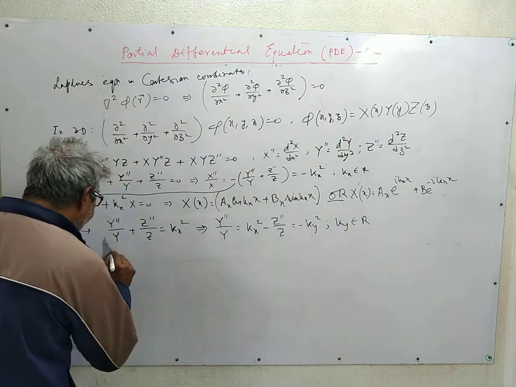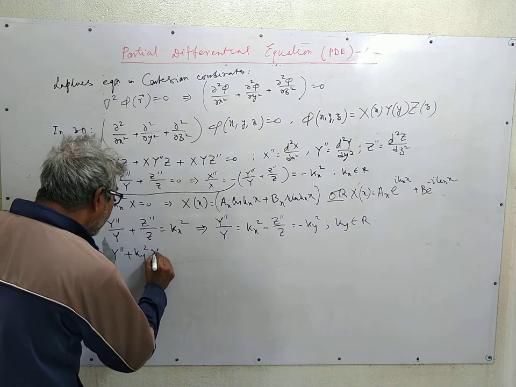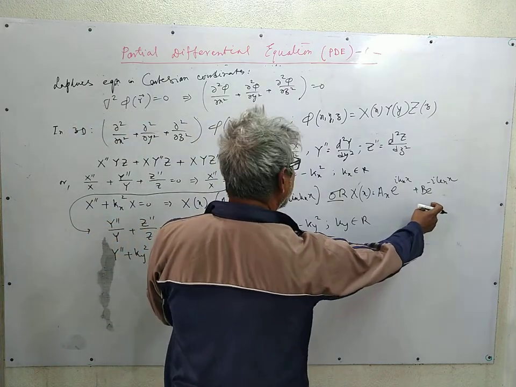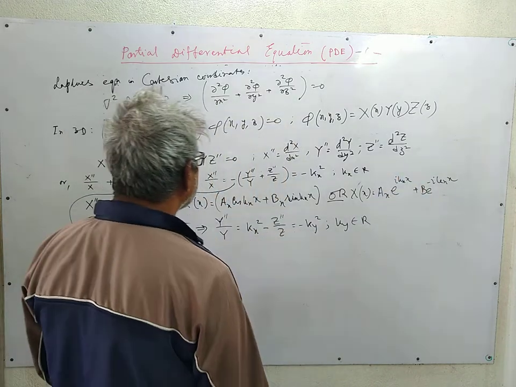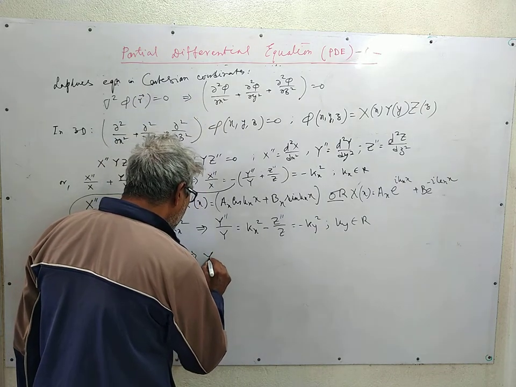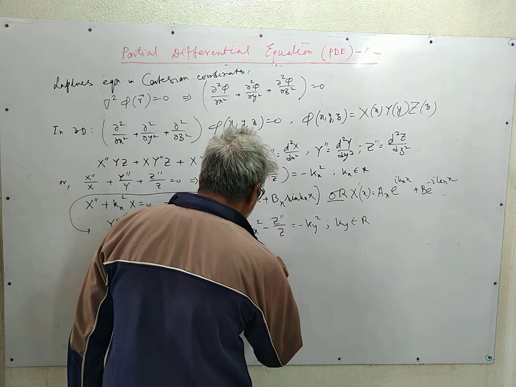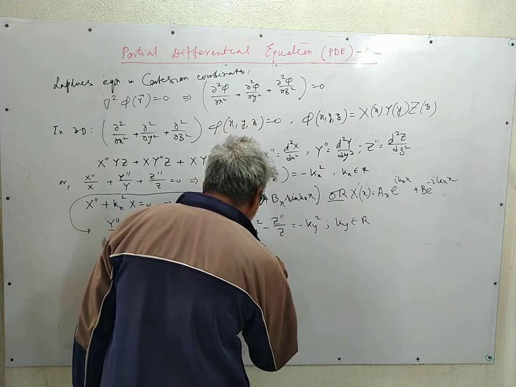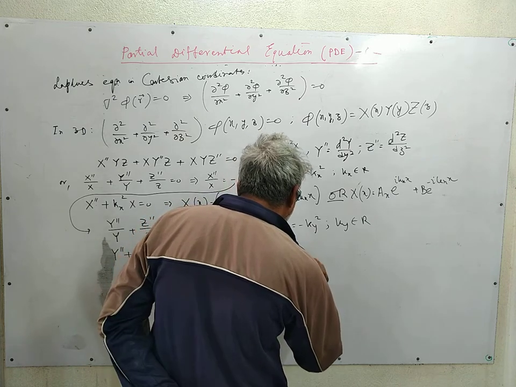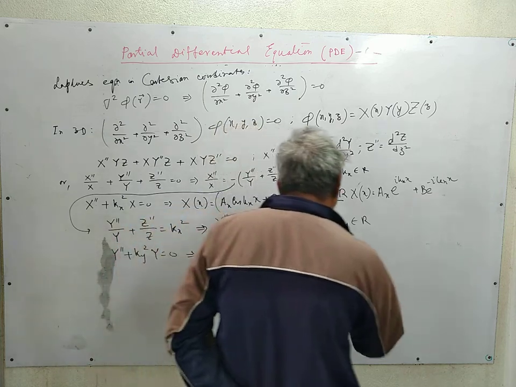In that case, y double prime plus ky square y is equal to 0, which gives the solution of y in the form like this, with x replaced by y, that is a cosine of ky y plus b sine of ky y.